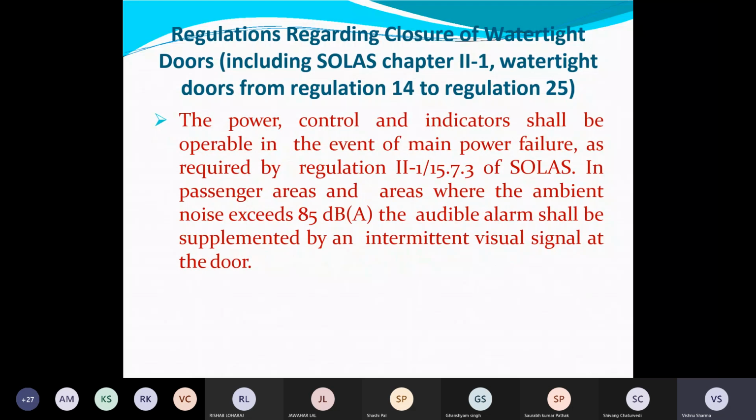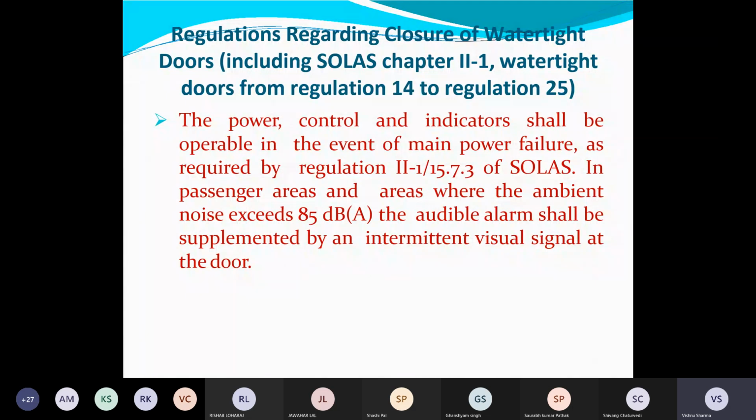The power control and indicators shall be operable in the event of main power failure as required by SOLAS. That means there has to be a second source of powering it also. In passenger areas and areas where the ambient noise exceeds 85 decibels, the audible alarm shall be supplemented by an intermittent visual signal at the door.